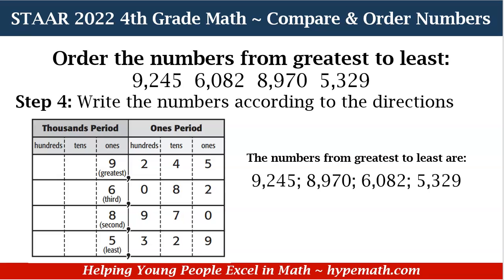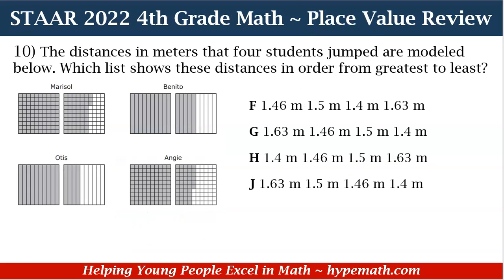And our least number, or the smallest number in the list, is 5,329. So our numbers ordered from greatest to least are 9,245, 8,970, 6,082, and 5,329. Let's dive into our problem.